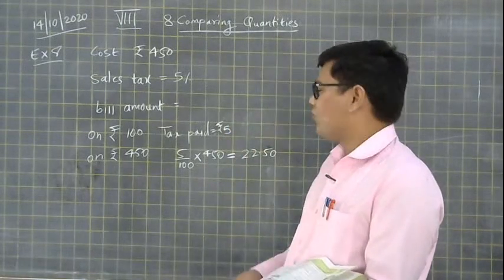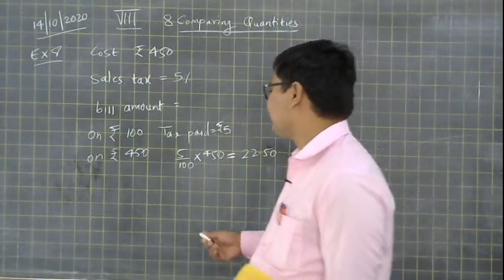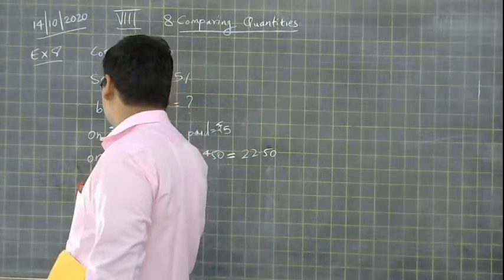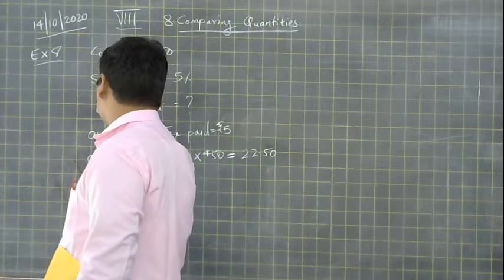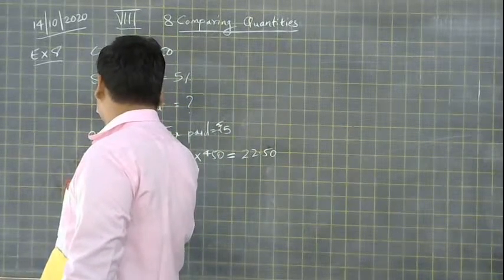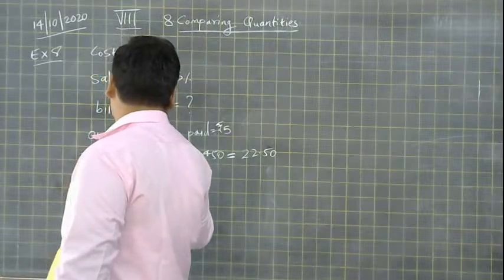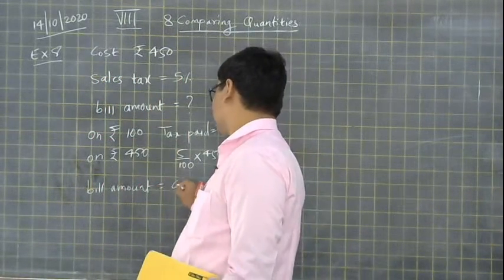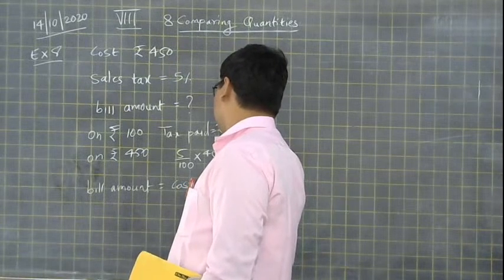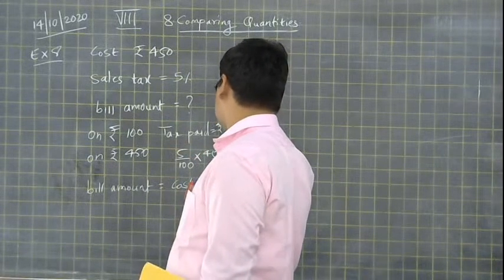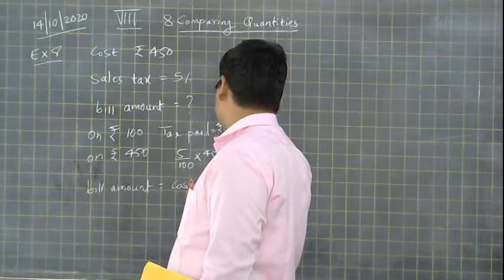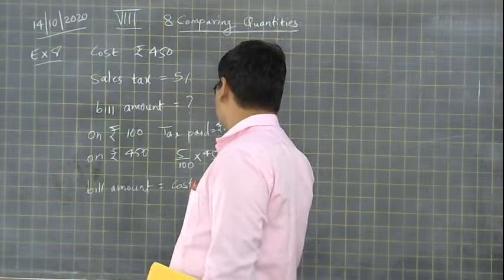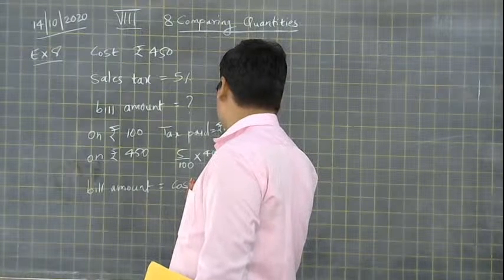Now for finding the bill amount, we will add the cost plus the sales tax. Sales tax is 22.50.